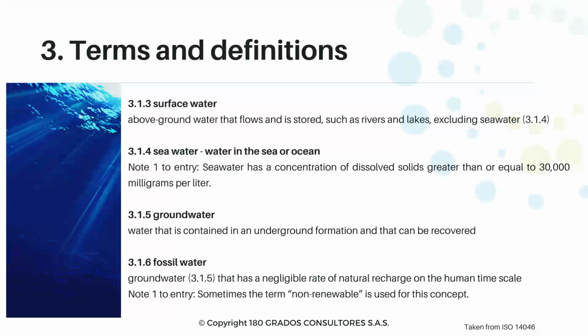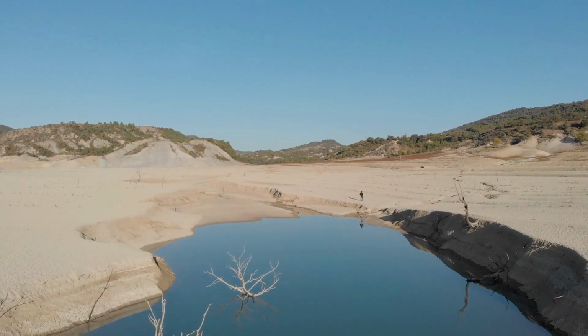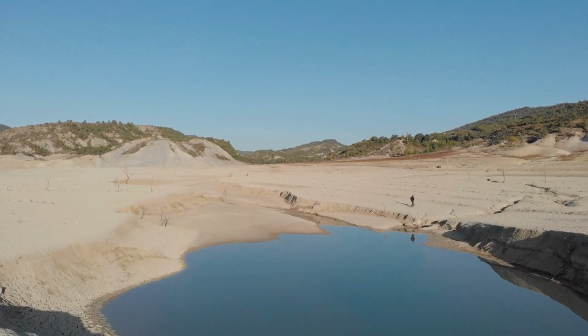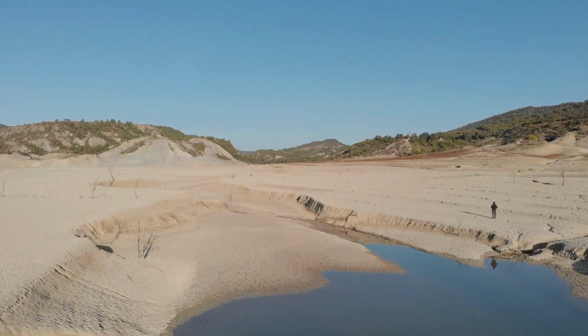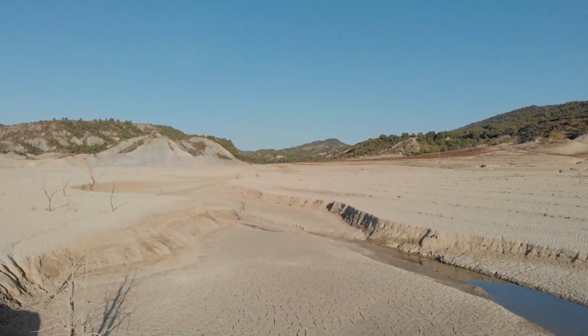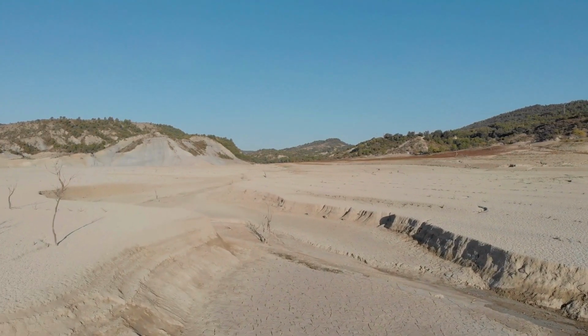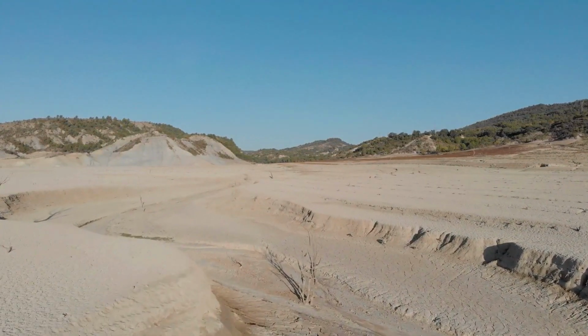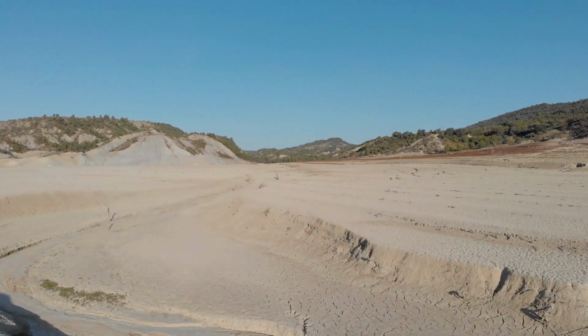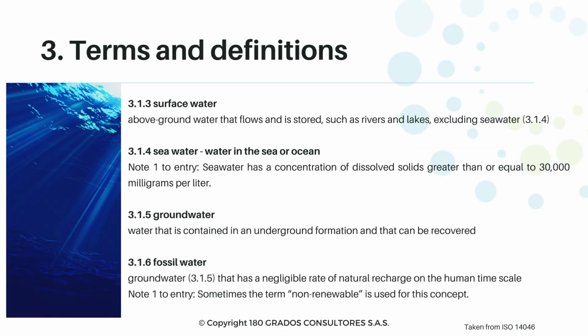So let's continue with another concept of water types, and it's crucial to differentiate between various water categories. We start with surface water, defined as water that flows and is stored on the Earth's surface, such as rivers and lakes. This category explicitly excludes seawater and is vital for water footprint assessment, especially in regions where rivers and lakes are primary water sources.